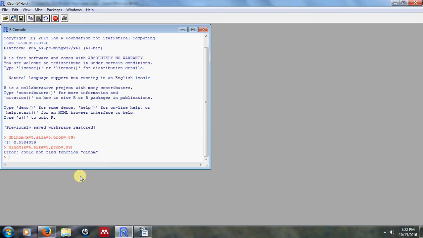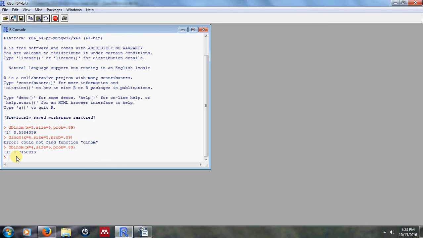Oh, I didn't spell that correctly, so let me try again. dbinom x equals 4, size equals 5, probability equals 0.89. And so the chance that 4 people will believe in God is only about 35%, 0.35.